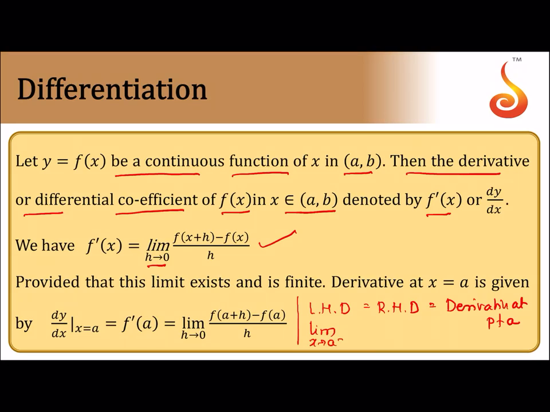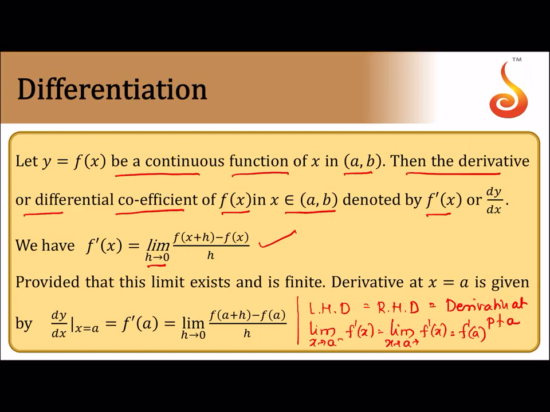That's why we write left hand derivative is equal to right hand derivative equal to the derivative at a point a. This can also be written as limit x tending to a minus f dash x equals limit x tending to a plus f dash x equals f dash a.